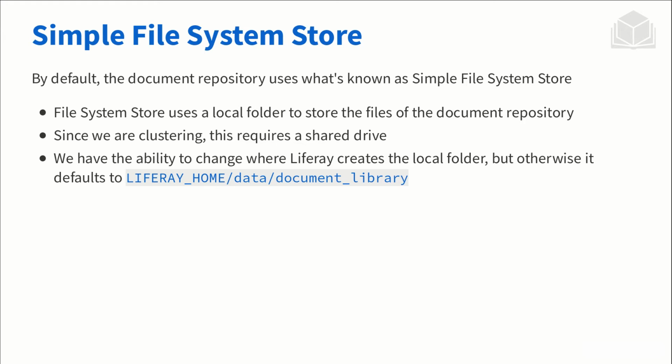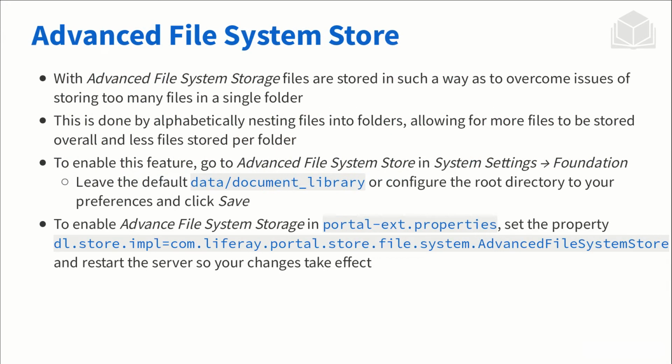So most likely you don't have that kind of file system. My recommendation is, whatever you do, change the default from the simple file system store to the advanced file system store, because that can handle all kinds of loads, any number of documents. I would say, if you want to avoid any problems, do that early.